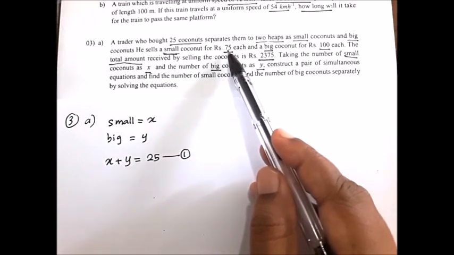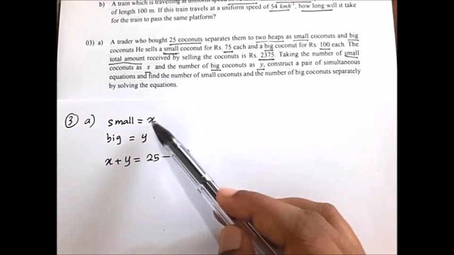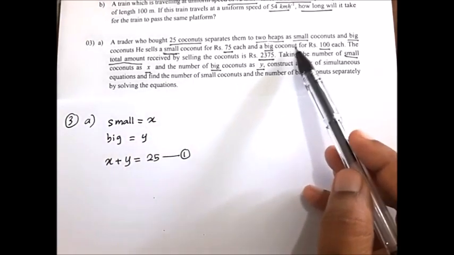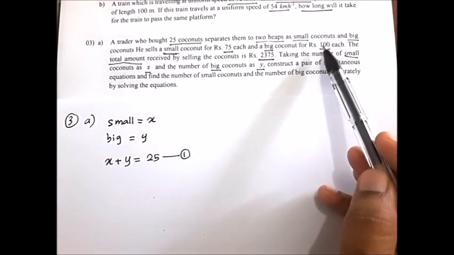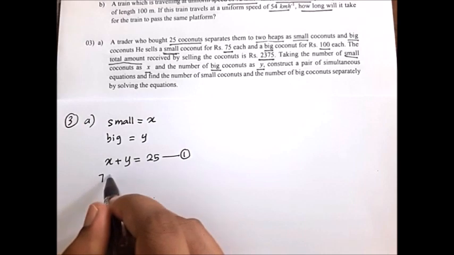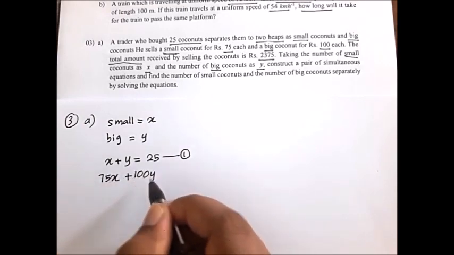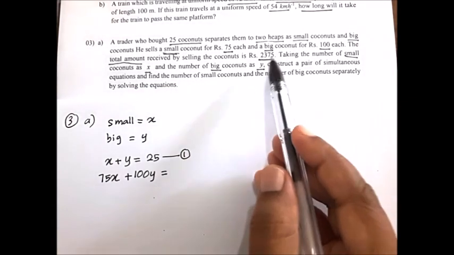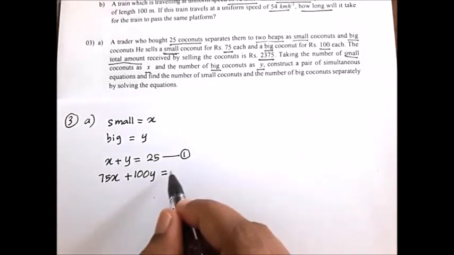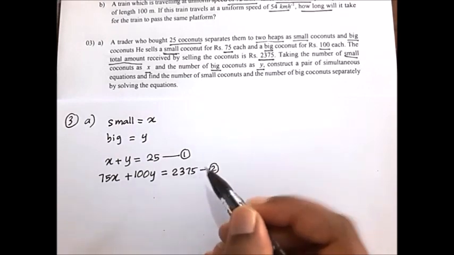What is the income received from small coconuts? 75 multiplied by x. He sells big coconuts for 100 rupees each. So what is the income received from big coconuts? 100 multiplied by y. 75 multiplied by x plus 100 multiplied by y equals the total income, 2375. This is the second equation.